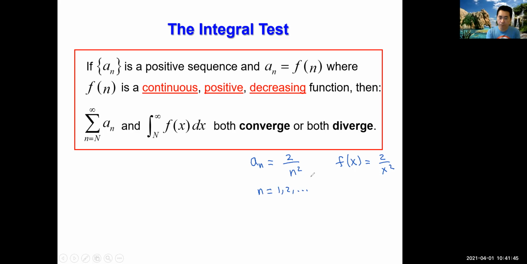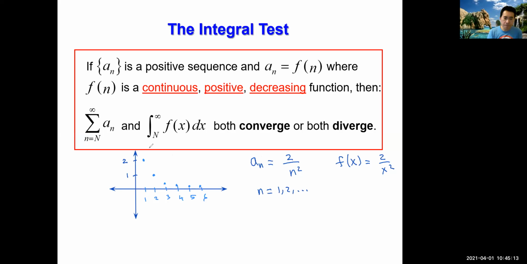Now, if you graph both of them, the sequence will be a series of dots, while the function will be a continuous curve. It might be discontinuous at some point, but it's going to be a curve. Let me make a quick sketch of these two so you can compare.